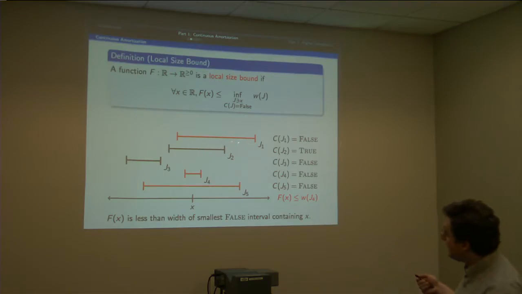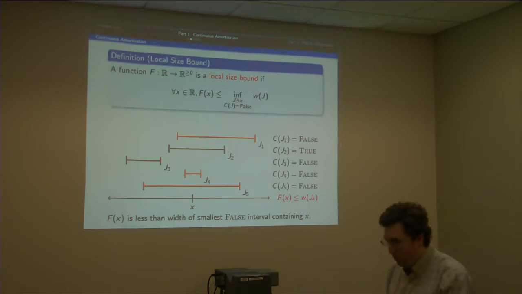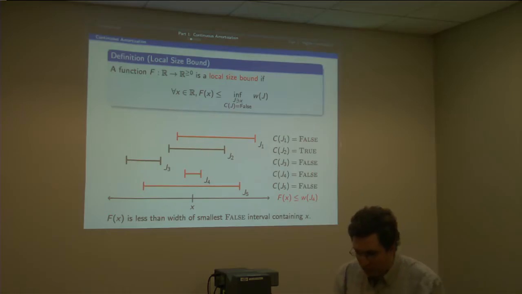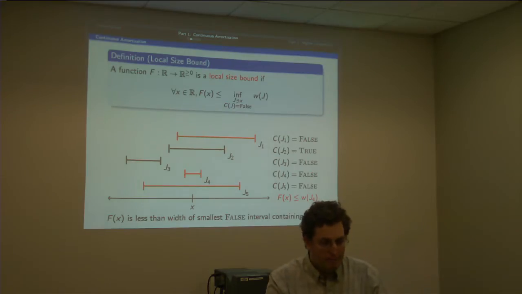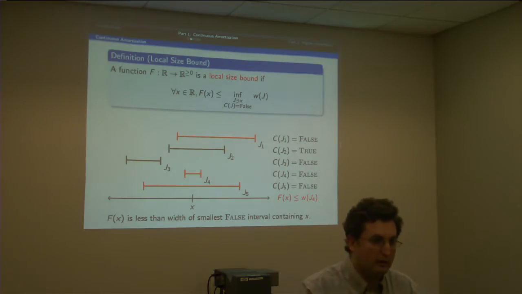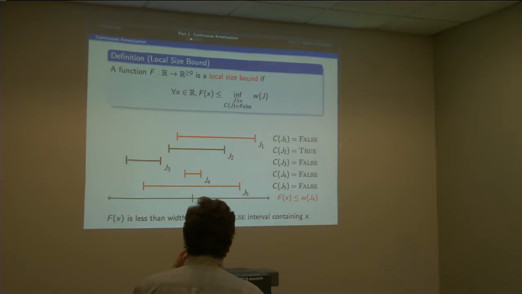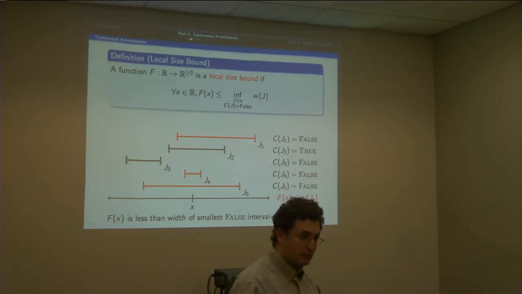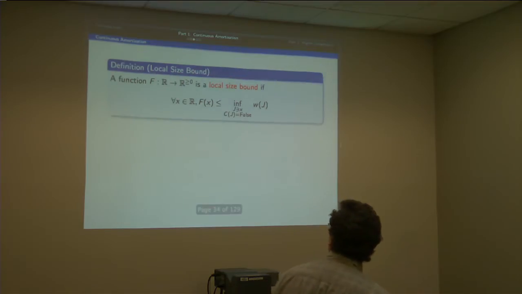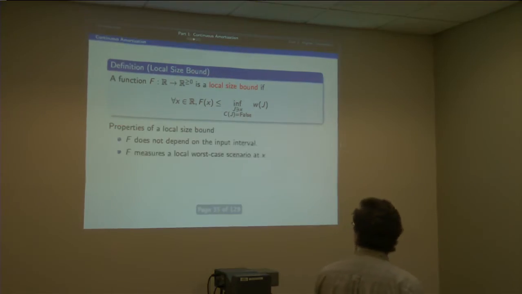You don't have to be centered, it can be off-center. It's just a local test of, at this point, what's the worst interval? How big could that be at this point? That's the thought process. So our f of x is smaller than the worst thing that could possibly happen at x. That's the idea. All right, so some properties of this.